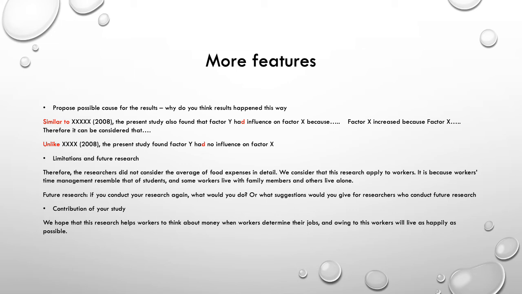Therefore it is considered that such and such. So this is where we need to borrow the knowledge of previous literature, because by referring to previous literature, it makes reasoning much easier.